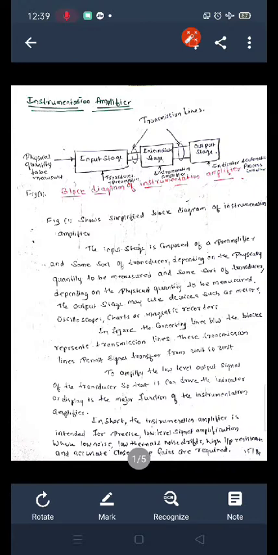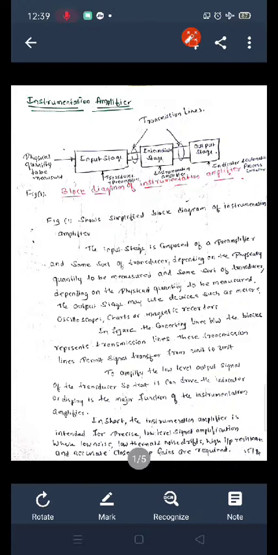The output stage may use devices such as meters, oscilloscopes, charts or magnetic recorders.